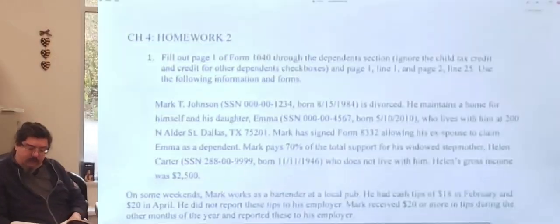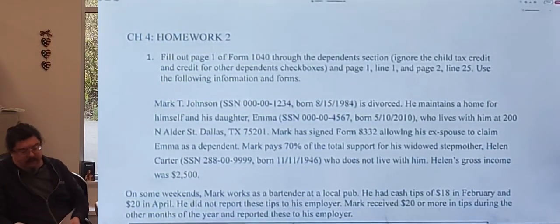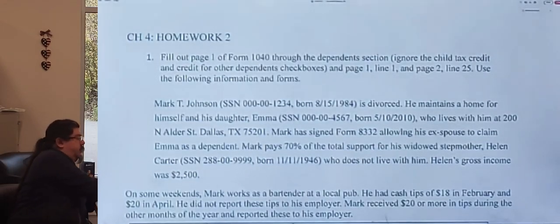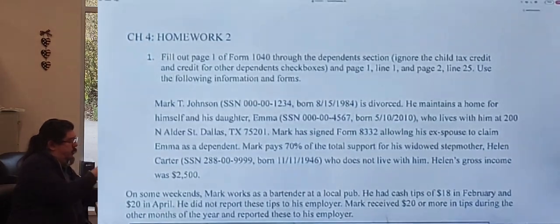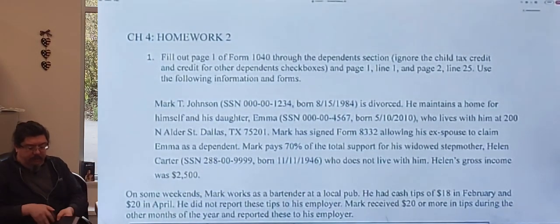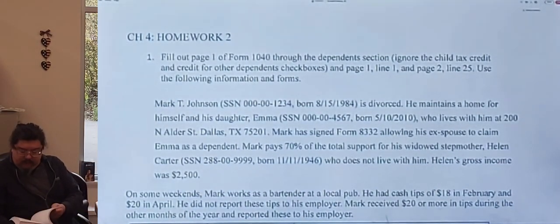Except for the child tax credit and the other dependent credit, we actually have all the information we need to do a tax return. So why don't we go ahead and do this tax return. In your workbook, you'll find blank tax forms, sorted by chapter. You should be able to find where it says Chapter 4.